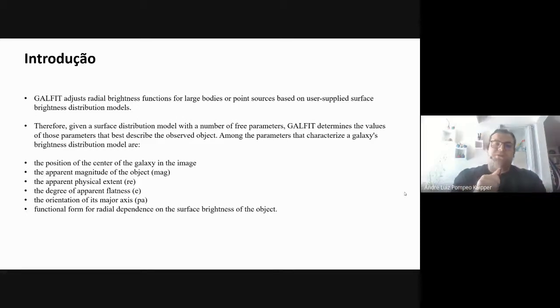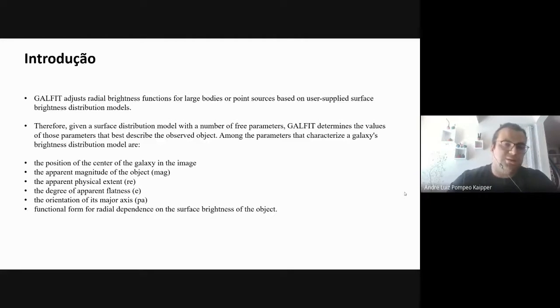Among the parameters that characterize a galaxy's brightness distribution, I need to give it the position of the center of the galaxy in the image, the apparent magnitude of the object, the apparent physical extent or the effective radius, the degree of apparent flatness, the orientation of its major axis (the position angle), and the function that has the form of the radial dependence of the surface brightness of the object.